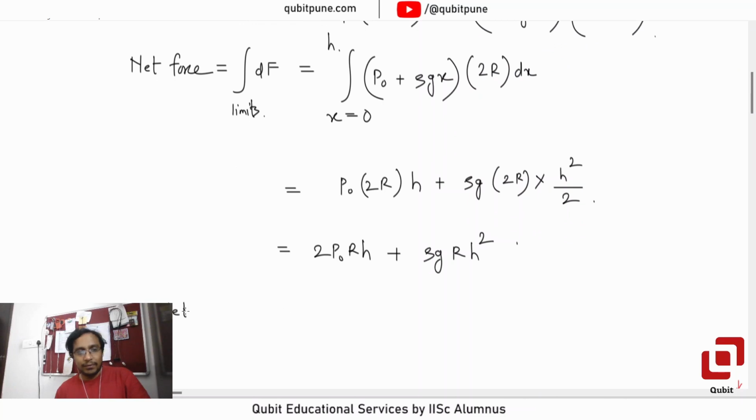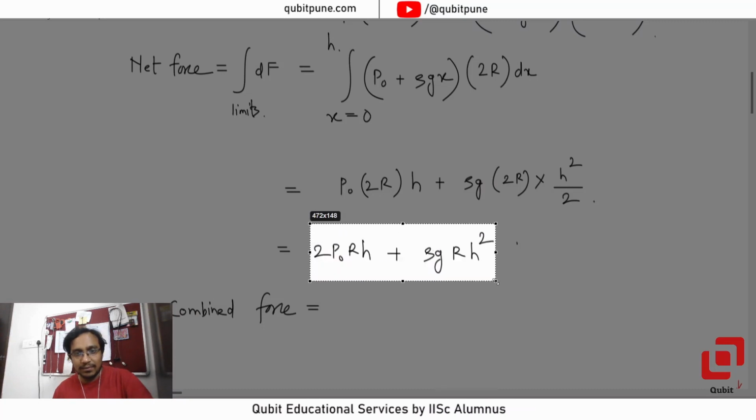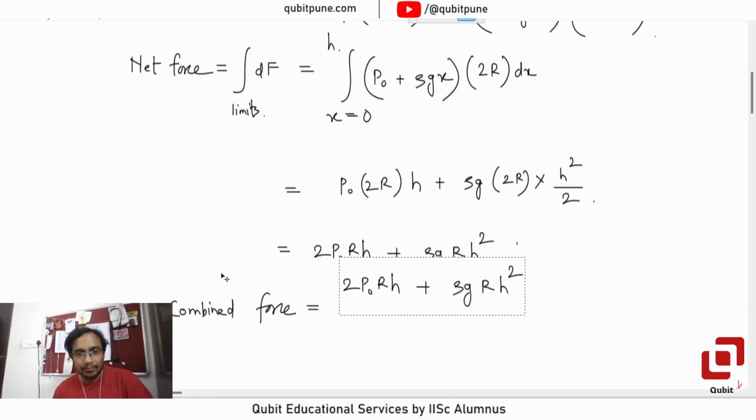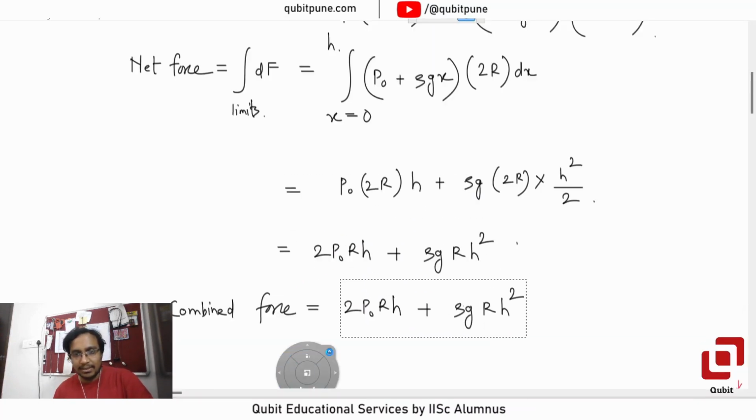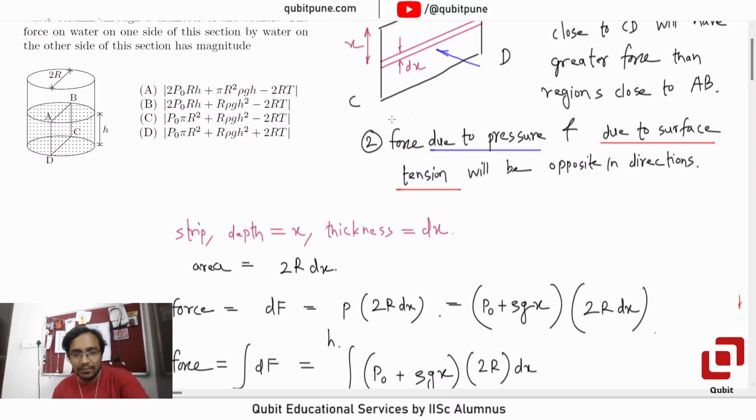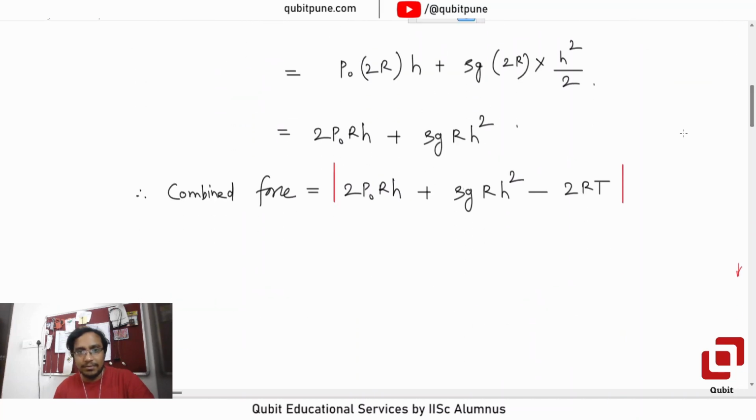So the combined force will be equal to this minus 2 capital RT due to surface tension, and mod. Let's see if we have that option.